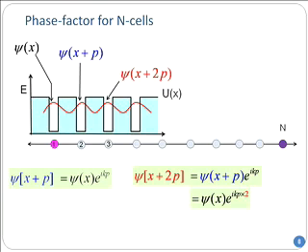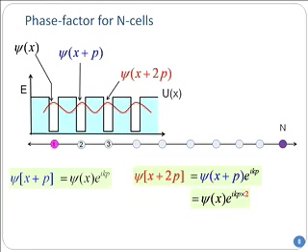Do you see this? That when I have gone two steps, I could cascade the solution back and essentially pick up the phase. So if I am two steps away, I will pick up a phase factor compared to the 0th one, by 2 kp.